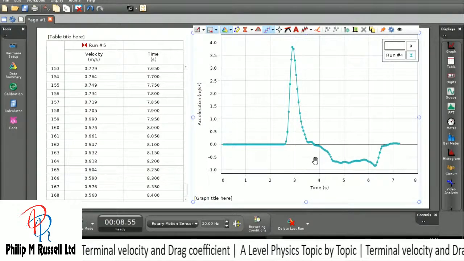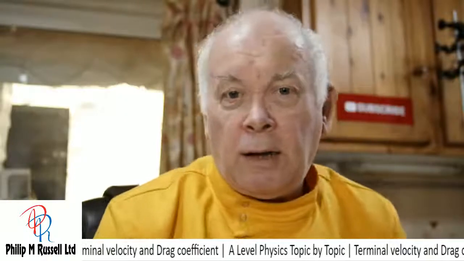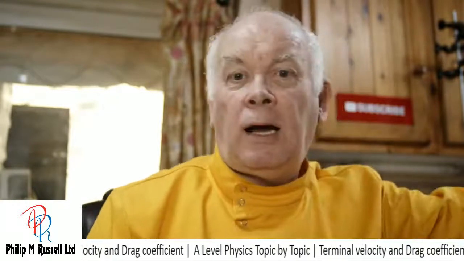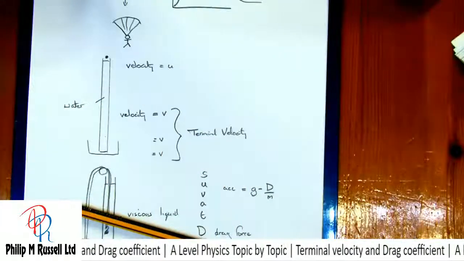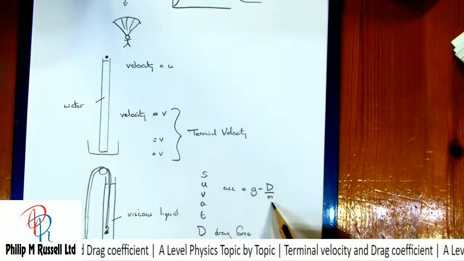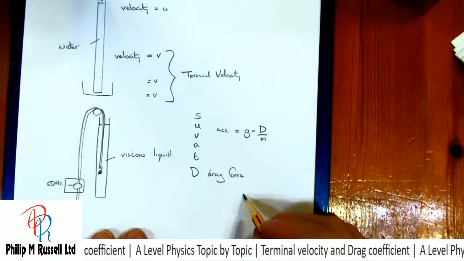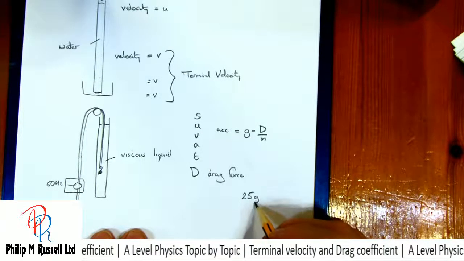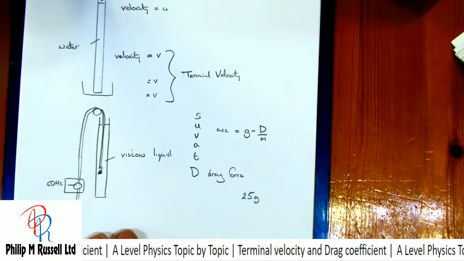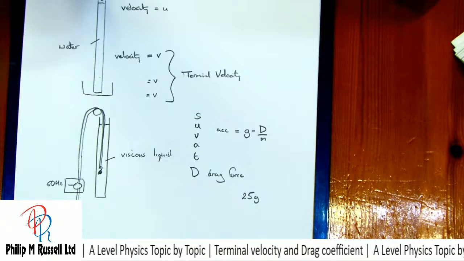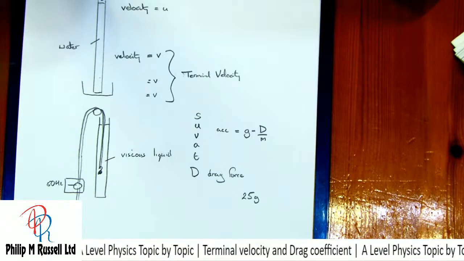Now, what effect would it have had if I'd had less mass? Well, less mass is important. Looking at our equation here, we can see that mass would have had some effect on this, but here we're only trying some 25 grams, so we're not trying too much, and trying to find a smaller weight is remarkably difficult.